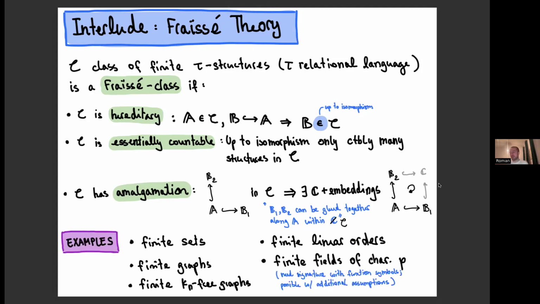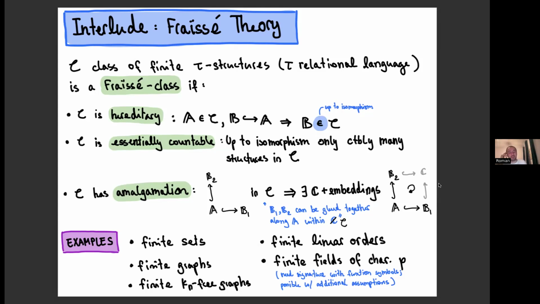So again, let's look at some easy examples of Fraïssé classes. The class of all finite sets trivially is a Fraïssé class. The class of all finite graphs is a Fraïssé class. For amalgamation, you have two graphs which overlap somehow, and you just glue them together disjointly, except on their overlap.